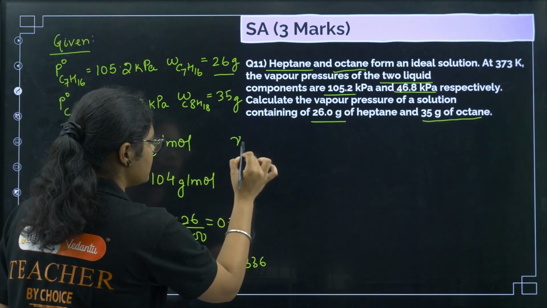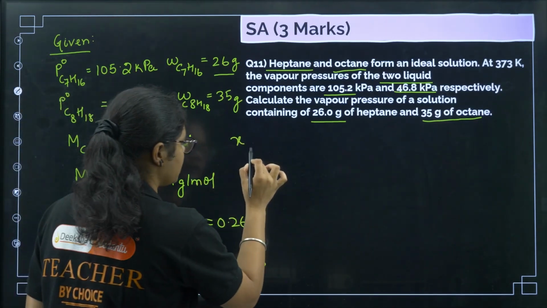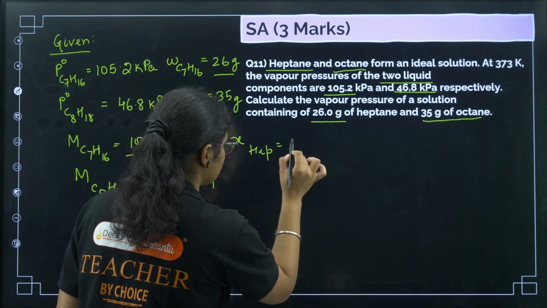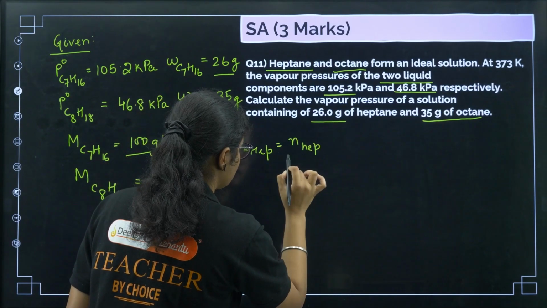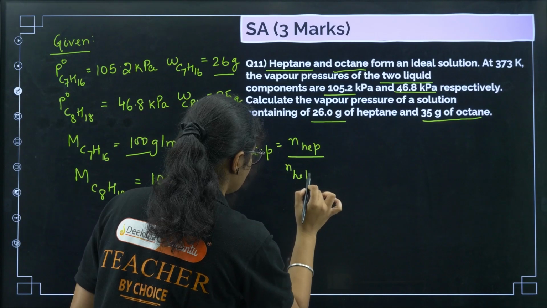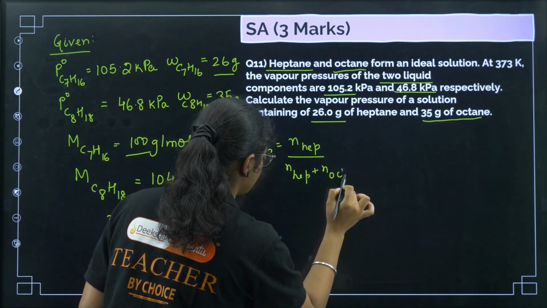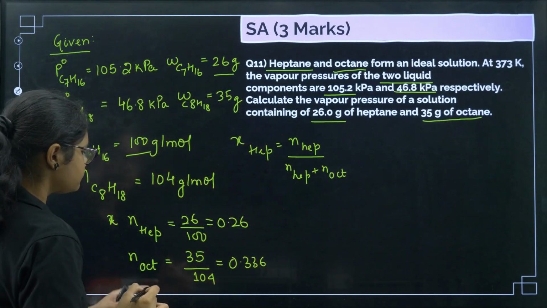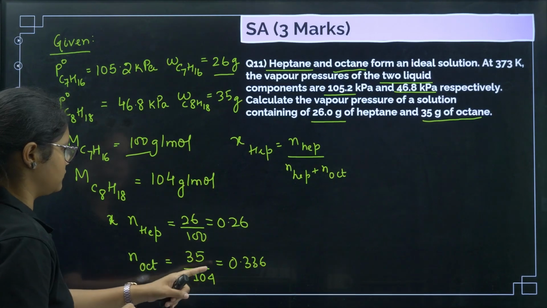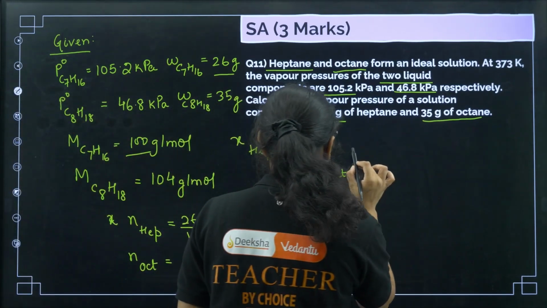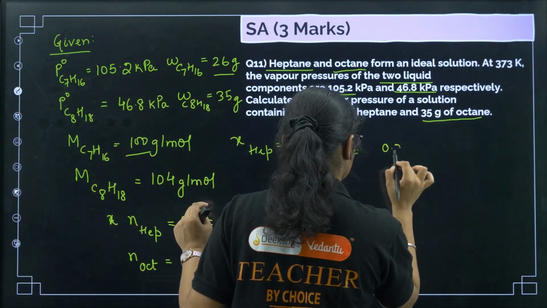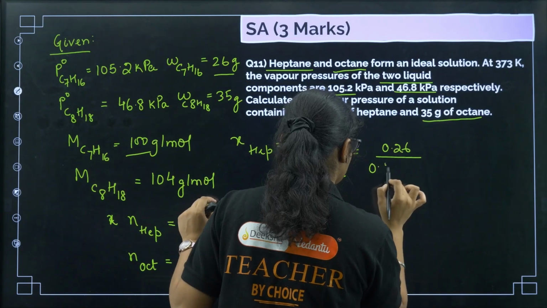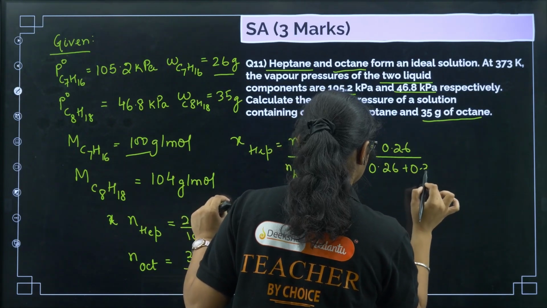Now I'll calculate the mole fraction of heptane. Mole fraction of heptane will be equal to N of heptane by N of heptane plus N of octane. Substituting, that is 0.26 by 0.26 plus 0.336.